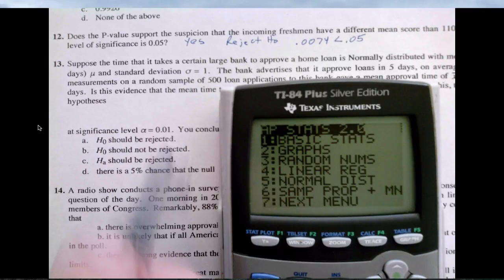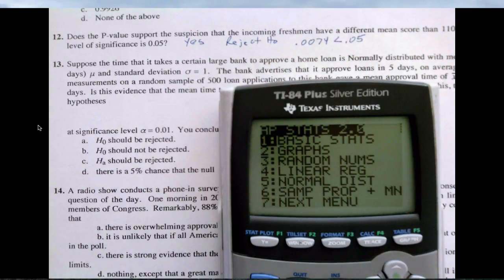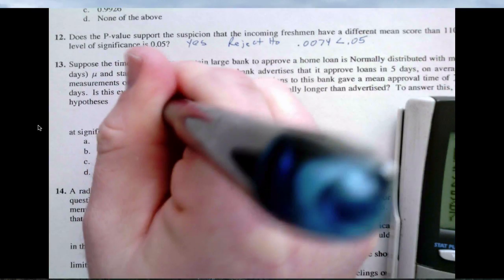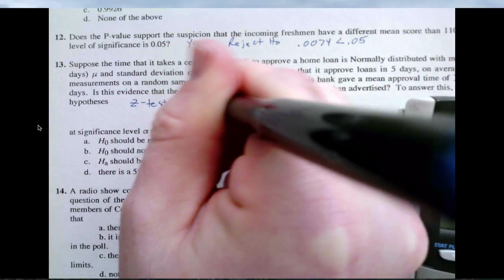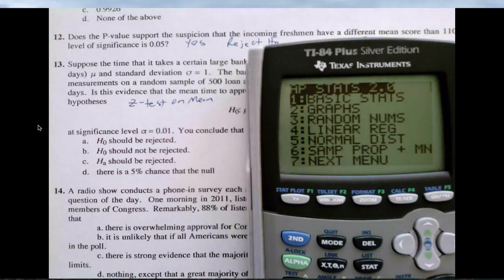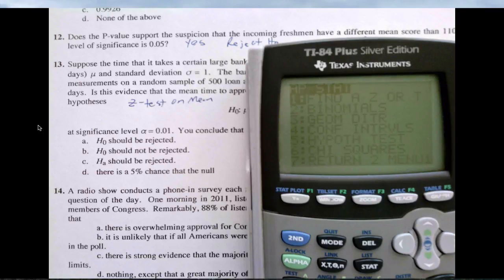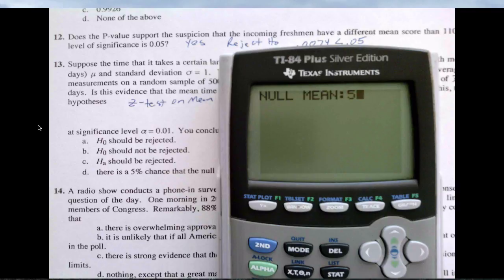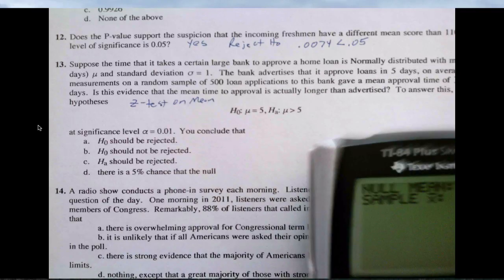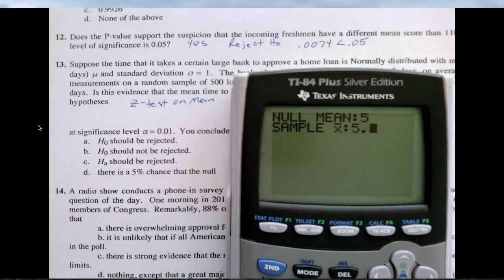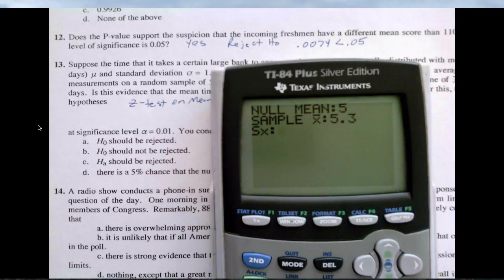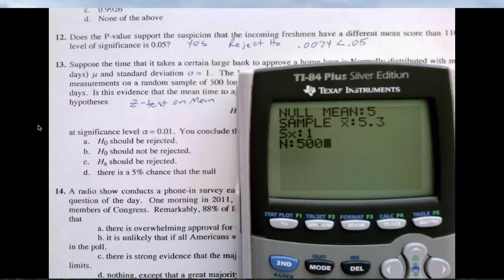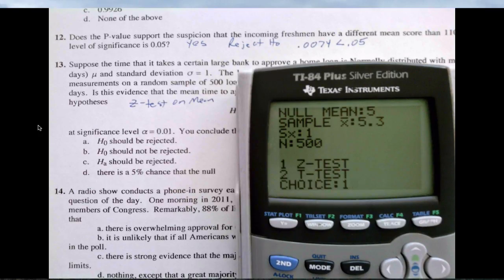So again, because we know the standard deviation, we can run a z-test on mean. So I will write that down again. Z-test on mean. So from here, basic stats, hypothesis test, test on mean. The null mean here was 5. Okay, that's the claim. The X bar came out to 5.3, and it said that they know the standard deviation is 1, and they said this for 500 values. Z-test.